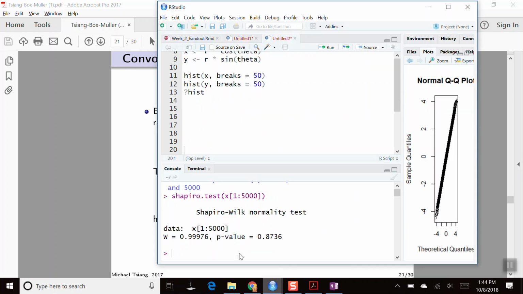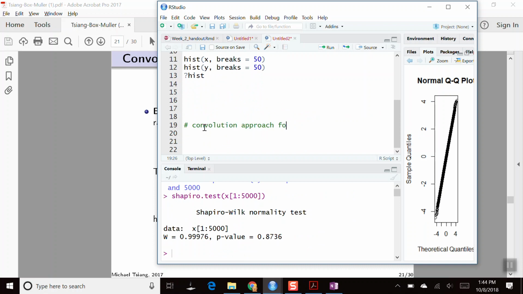So, for example, let me just code this up. This will be the convolution approach for binomial. Let's say we want a binomial with m equal to 20 and p equal to 0.6.